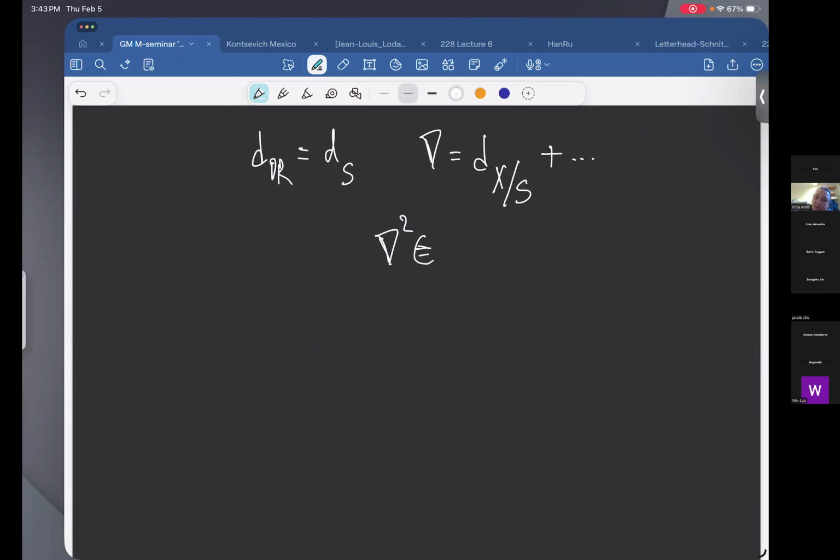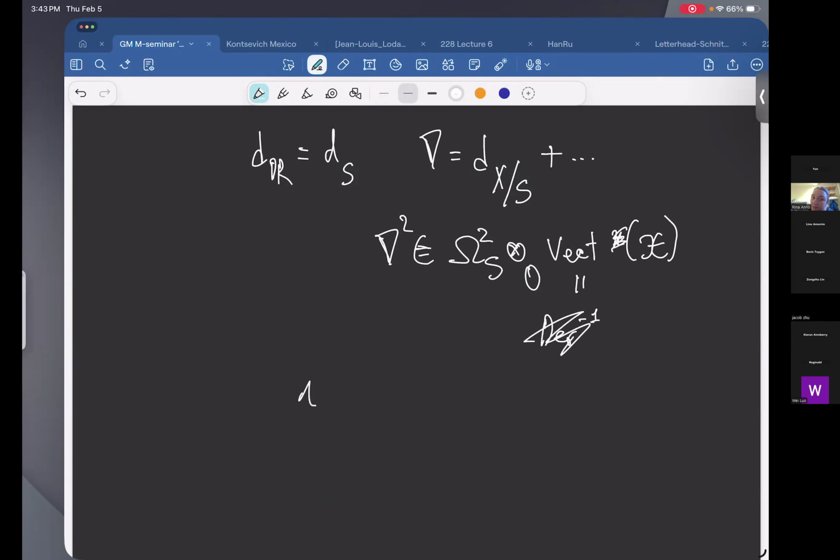It will belong to derivations of some degree.